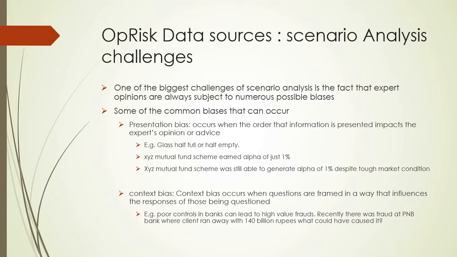The second thing is context bias. Context bias occurs when questions are framed in a way that influences the response of those being questioned. Here is an example.